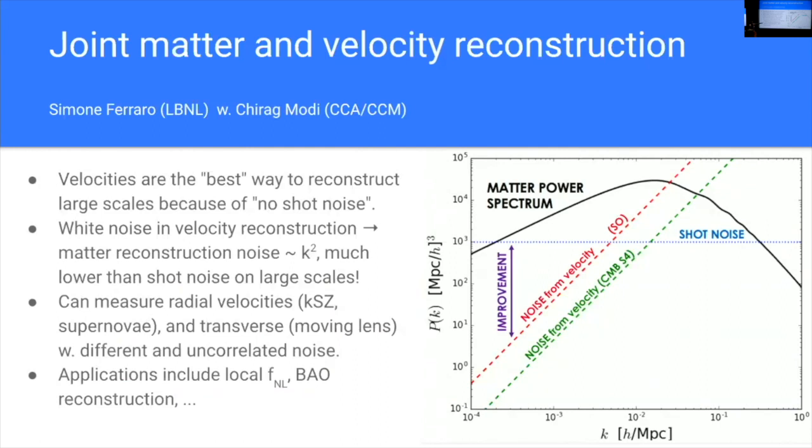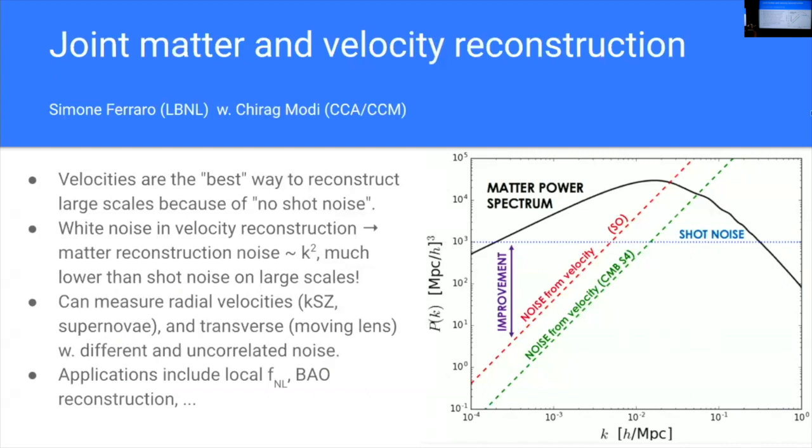And there are ways to measure transverse velocities as well, for example the moving lens effect in the CMB. And the nice thing is we know how to predict the noise covariance for these effects. Also, these are very much detectable in the next generation. Some of them are already detected, and the next generation of surveys will get really good measurements.